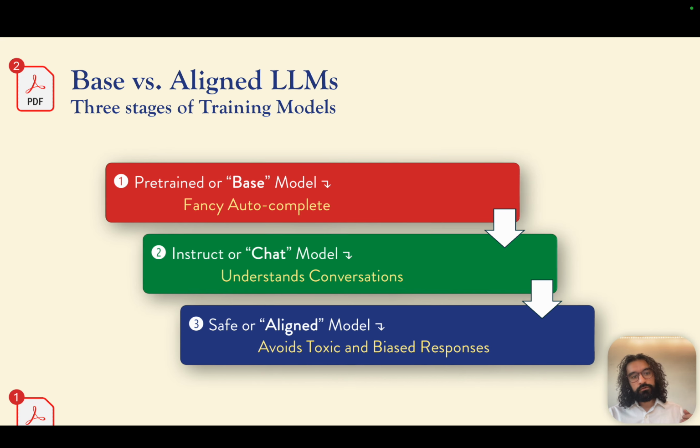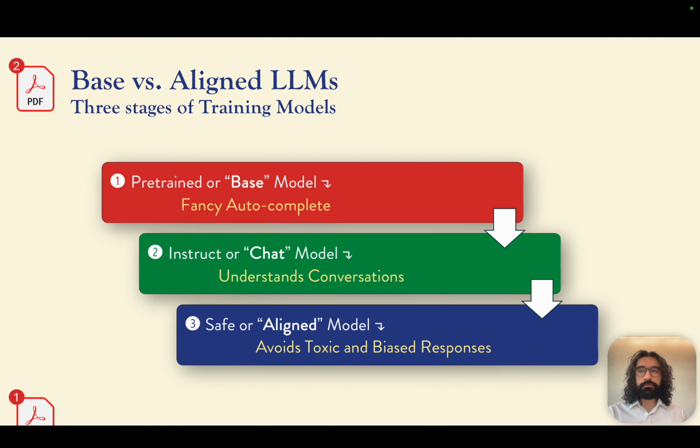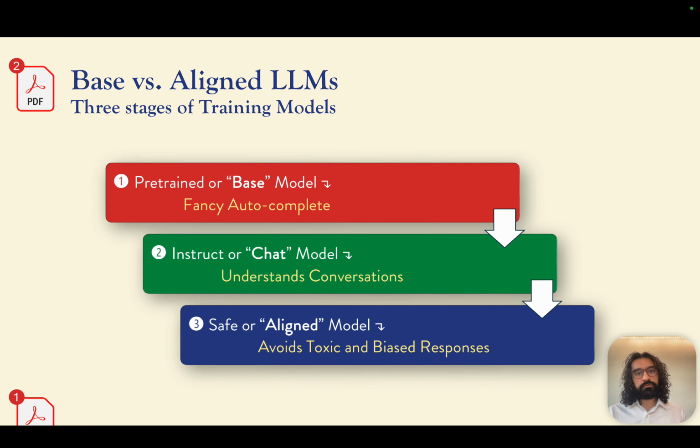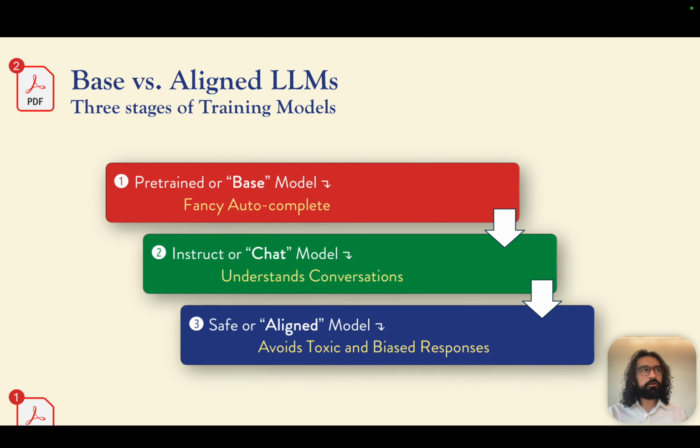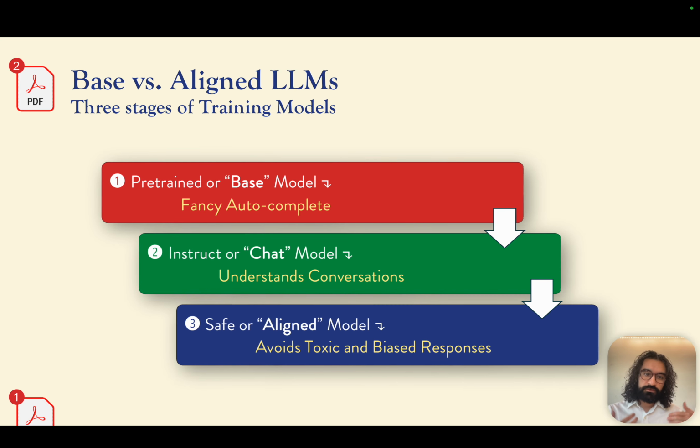Then, of course, you fine-tune it on some data set. It doesn't have to be that large, but you fine-tune it on prompts and responses, and these usually look like questions and answers. And the language model starts to understand, oh, okay, when I see a question, I need to answer it. This is what we call an instruct or chat model.